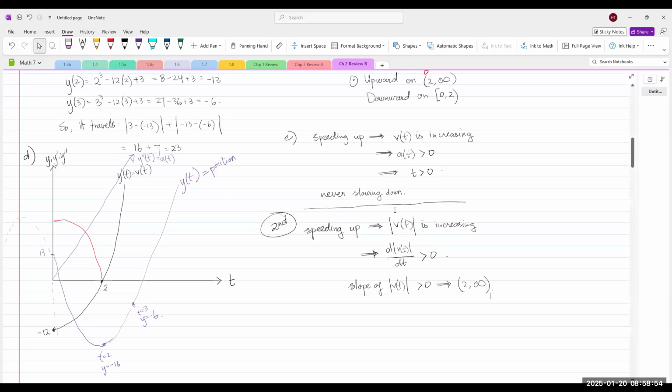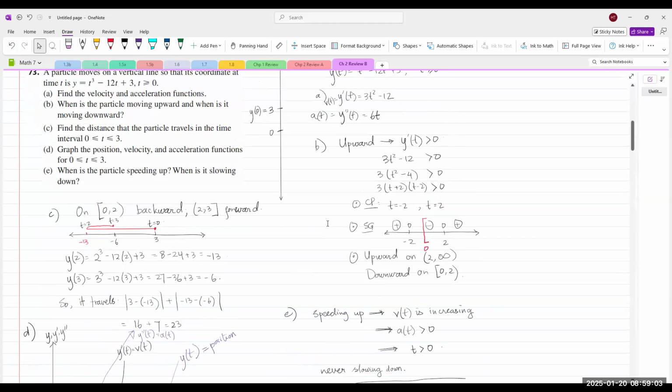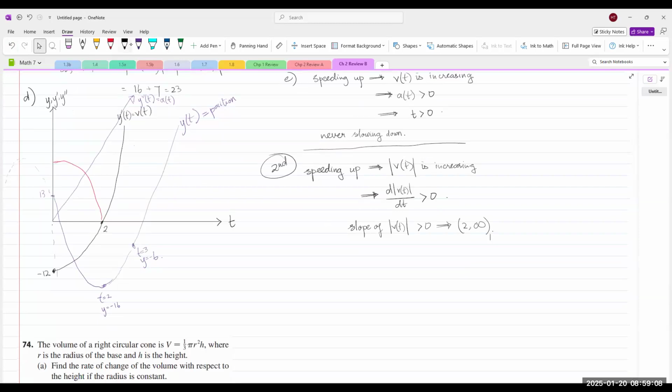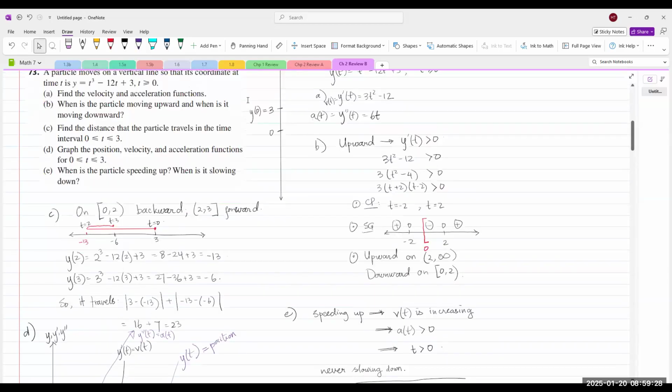I tend to go with the first interpretation, but if we look at this word speeding up as coming from the absolute value of the velocity, then yes, we need to follow the second interpretation. And that also implies slowing down is from 0 to 2. Yeah, that's for this question here.